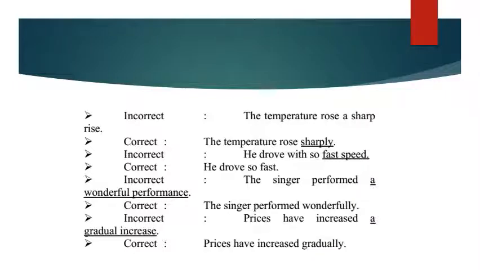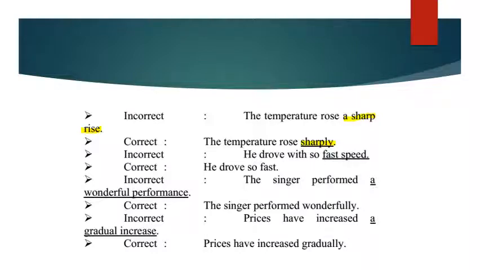To say a sharp rise is the literal translation from Arabic. بالمعنى الحرفي أو بالترجمة الحرفية بنقول زيادة حادة. ارتفعت درجة الحرارة ارتفاع حاد. In English I should just say sharply. Use the adverb right away. I don't have to use the adjective, which is sharp, plus the noun, which is rise. I just use sharply right away. This is the correct usage in English.